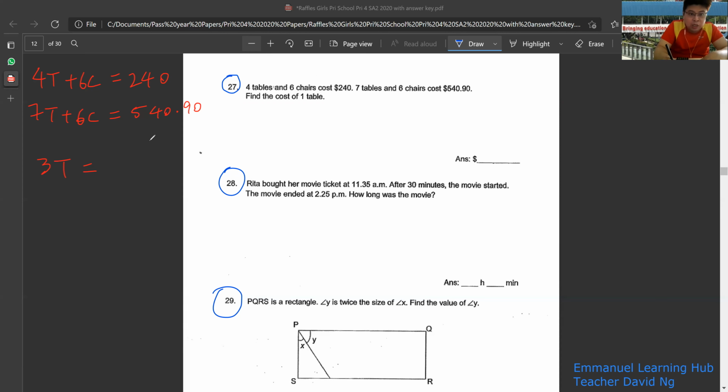So if I use 540 and 90 cents minus 240, you have 3 tables. Correct? Because I minus off the 6 chairs already. You understand?